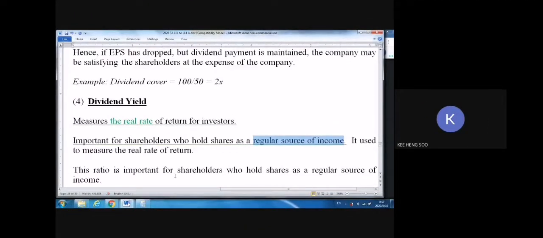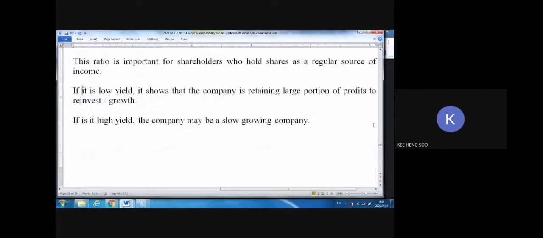If there's a low dividend yield, the company keeps a large portion of the profit for future growth. If a high dividend yield, this company may be a slow growing company. Got it?